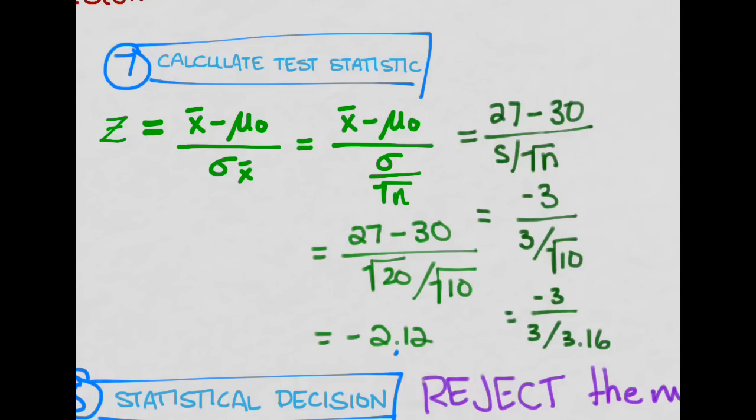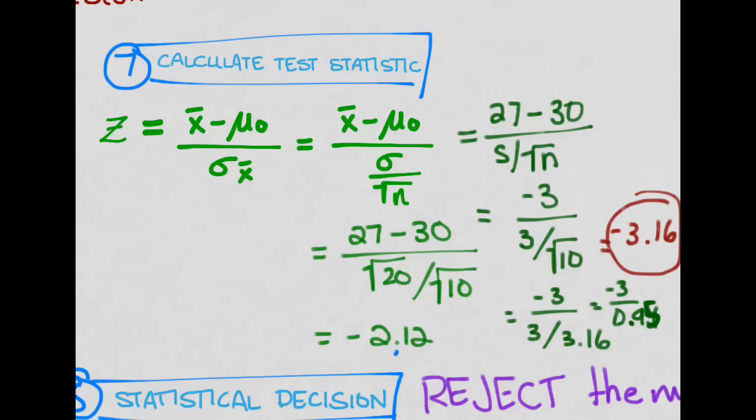And so then we get negative 3 over 3 divided by 3.16, which equals negative 3 over 0.95, because that's what it would be when you round it. And then this works out to be negative 3.16, so that's our number.